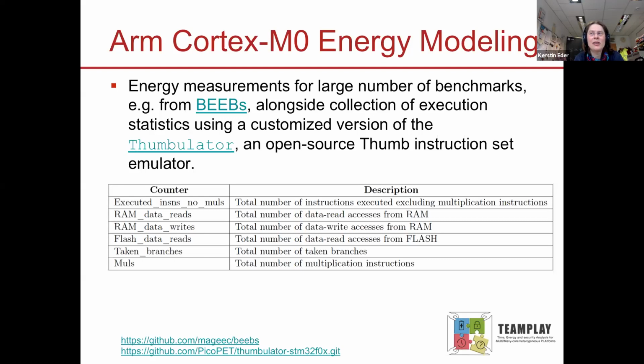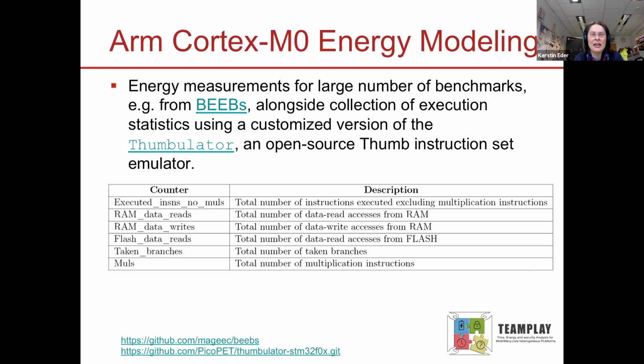Now, this might answer some of the questions that I have previously said we'll answer later. Hopefully it does. So we want to know how many instructions other than multiplication instructions have been executed in the program. RAM data reads, RAM data writes, flash data reads, and any branches that have been taken, as well as the number of multiplication instructions.